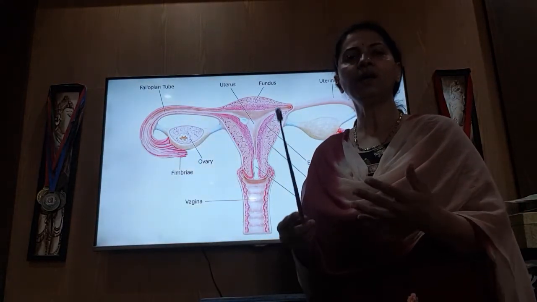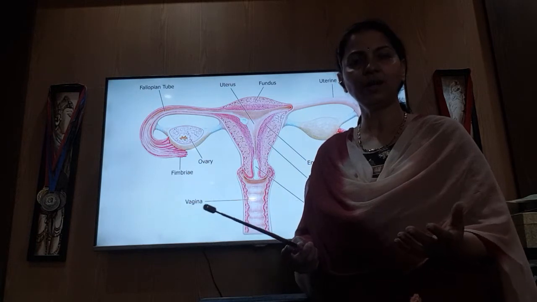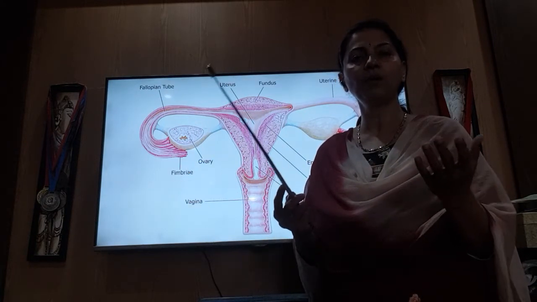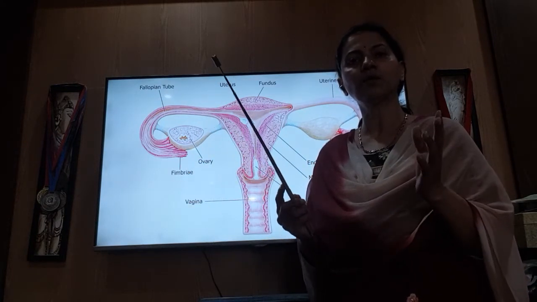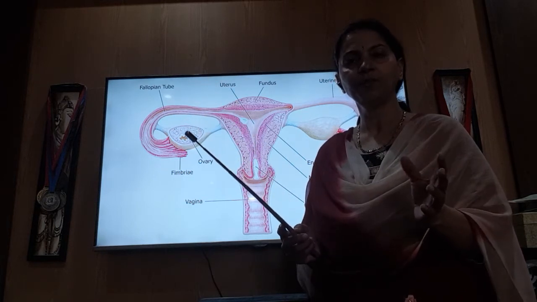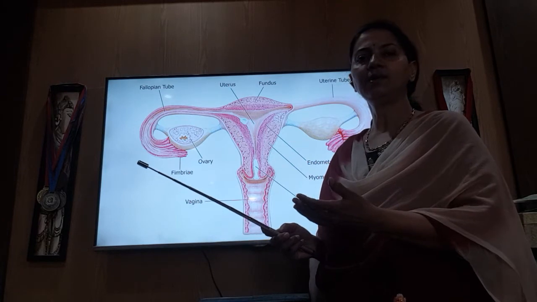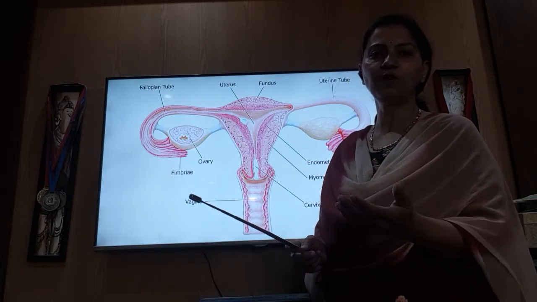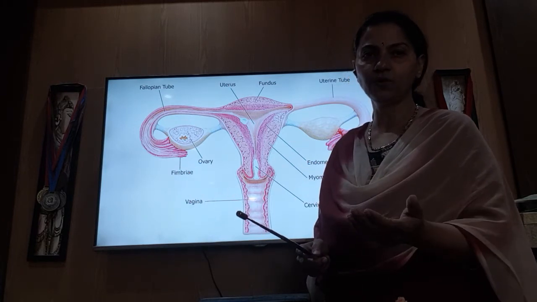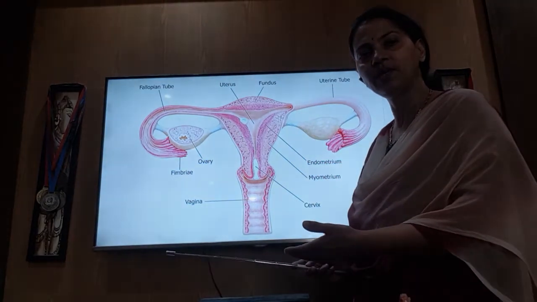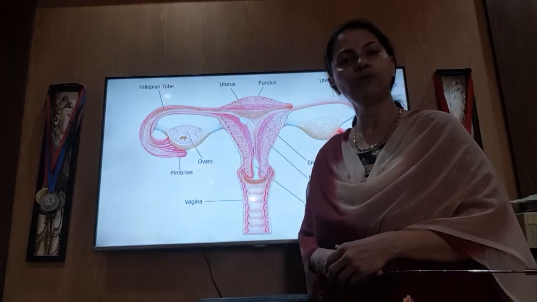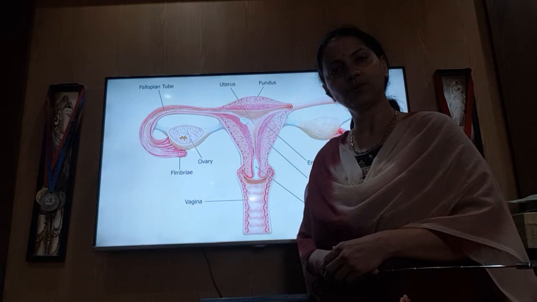Vulva means the external female genitalia, consisting of the labia majora and minora. Since it is near them, that area is drained by the superficial inguinal lymph nodes.